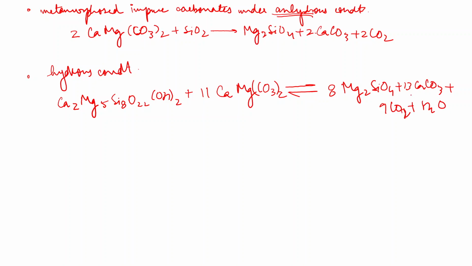This is how the tremolite reacts with dolomite to give forsterite.